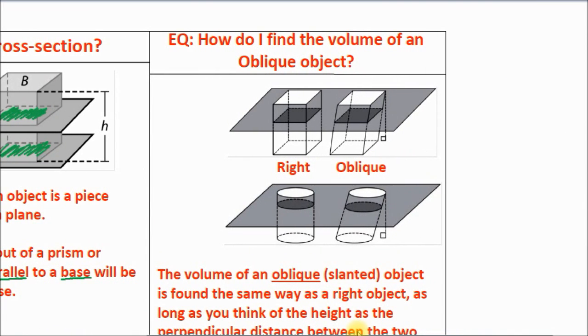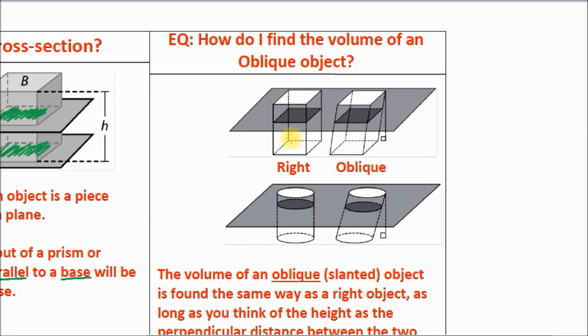Second part, new essential question: how do I find the volume of an oblique object? Let's define oblique. It actually just means it's crooked or slanted. So take a look at these two rectangular prisms, class.